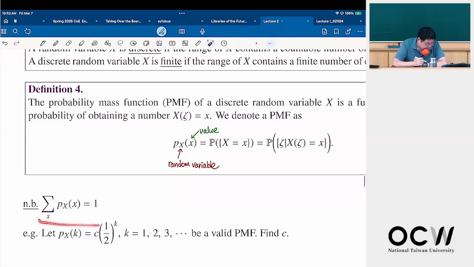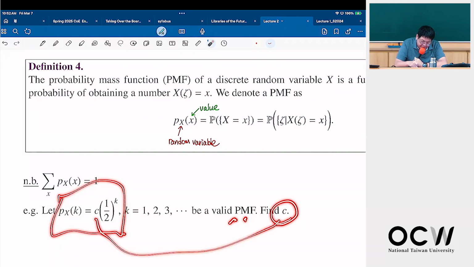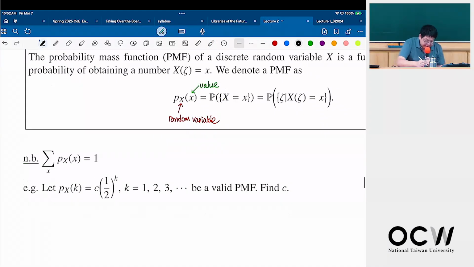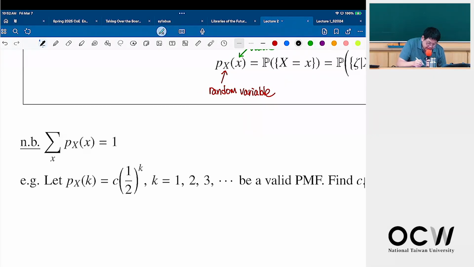So based on this concept, if I have a PMF and we say this is a valid PMF, then we need to find the constant C. How do we find the constant C? If it is a valid PMF, which means when I sum this PMF, it should be 1.